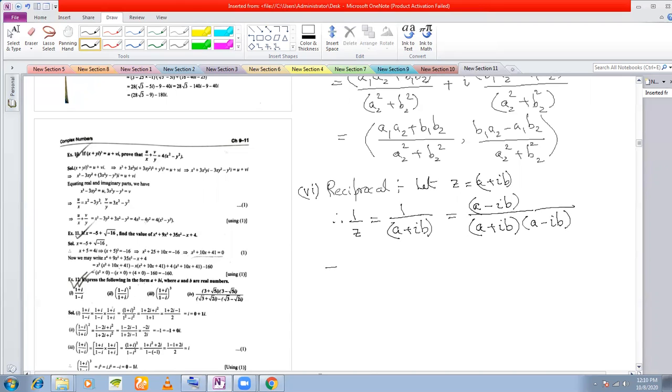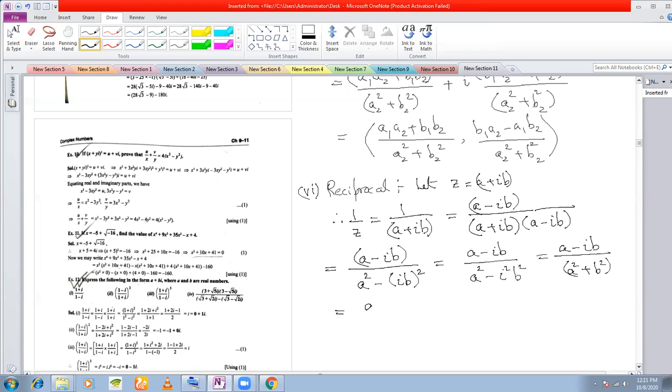So this is a minus ib divided by, this is again (a plus b)(a minus b) form, so this will be a square minus b square. So this will be a minus ib divided by a square minus i square b square. So it will be a minus ib divided by a square plus b square.